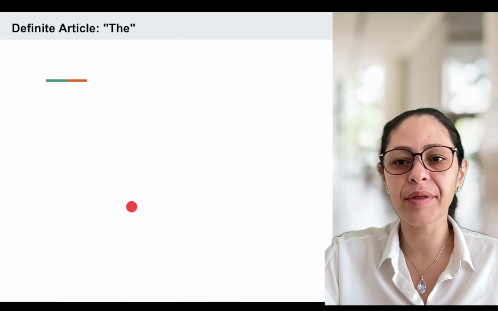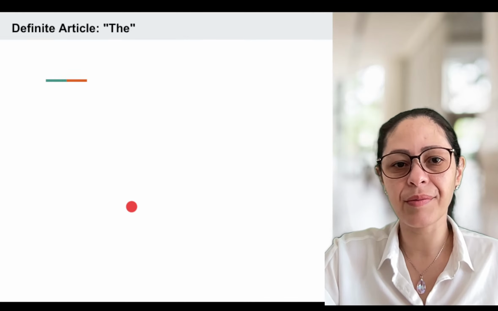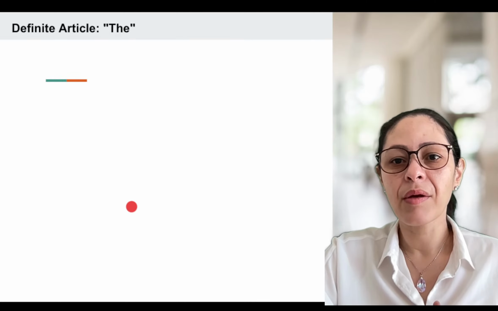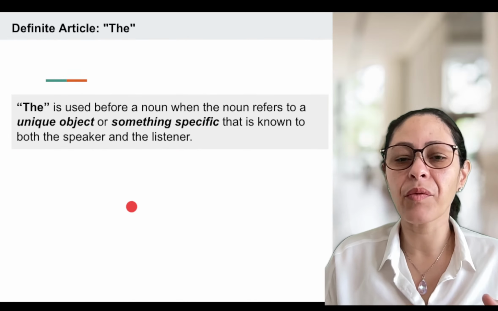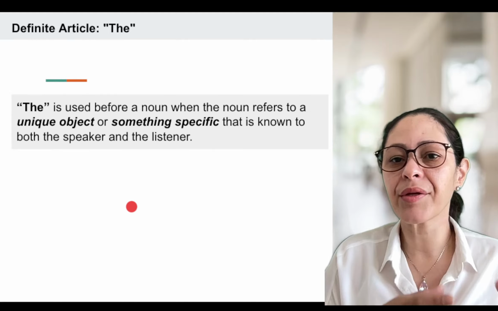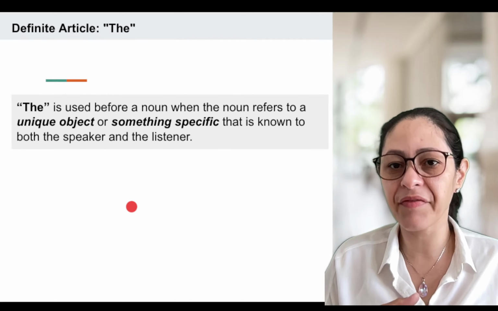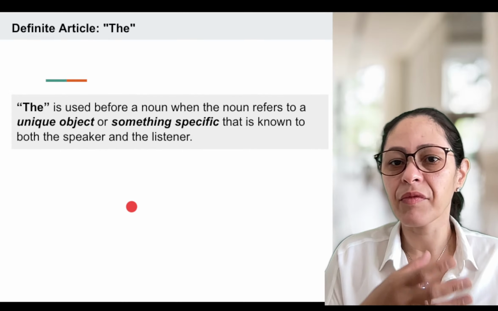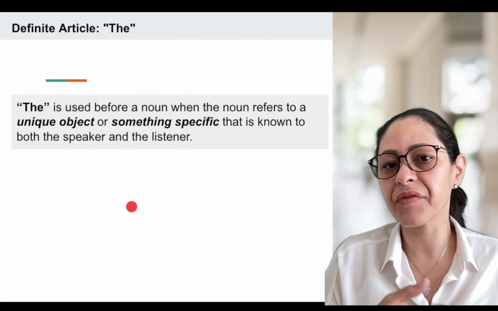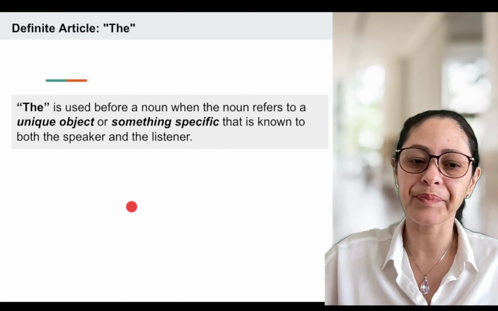Let's move on a little bit more with definite articles, okay? We also use the definite article, the, when we are talking about something unique, something specific, that is known to both the speaker and the listener.